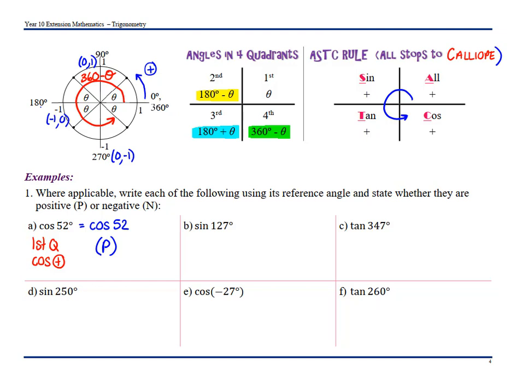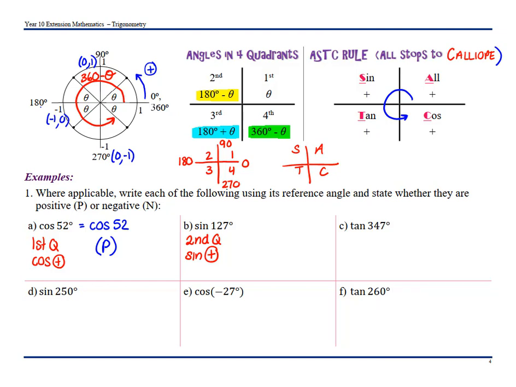Sine 127 degrees. Well, 127 degrees, remembering we have 0, 90, 180, 270: first quadrant, second quadrant, third quadrant, fourth quadrant. So sine 127 means we're in our second quadrant. So sine in our second quadrant is positive, and that's from our ASTC rule.